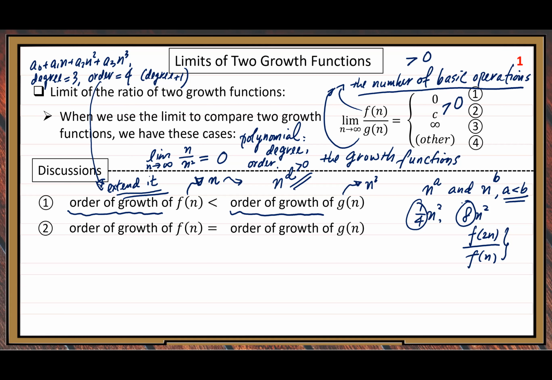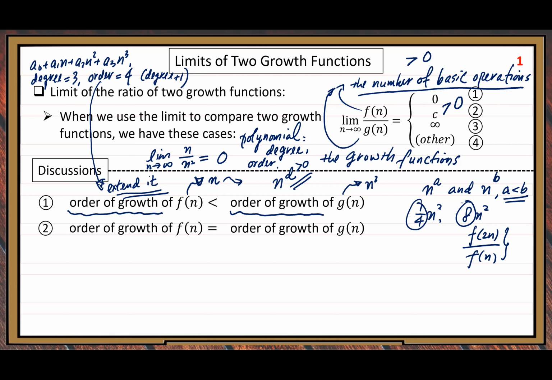Here you need to adjust the view, based on our background knowledge, to understand the relationship between two growth functions. That view is quite different from our usual comparison view.